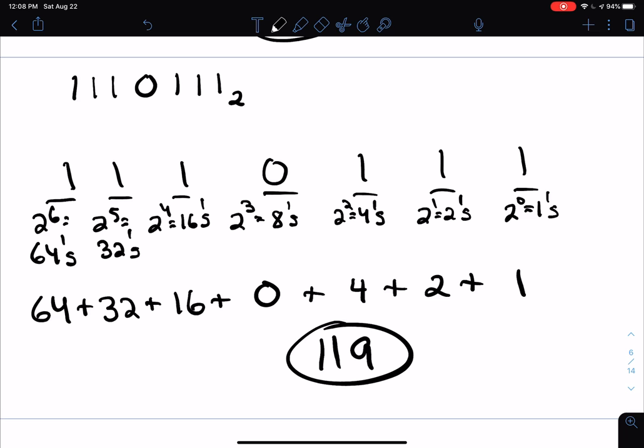With binary, originally it was literally a series of on and off switches. 1 is on, 0 is off. When we look at barcodes, you've probably all seen a barcode on a product you've purchased. You've got a black bar for 1 and a white bar for 0.